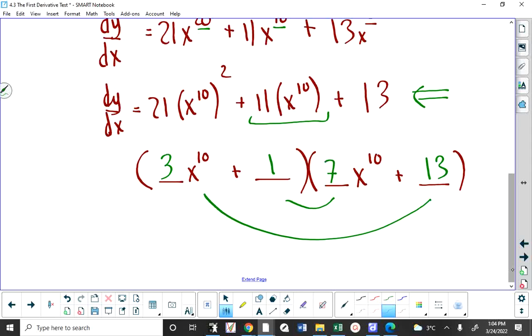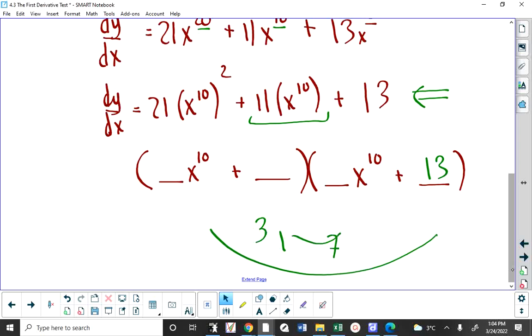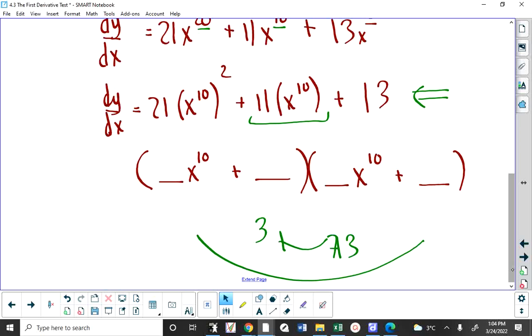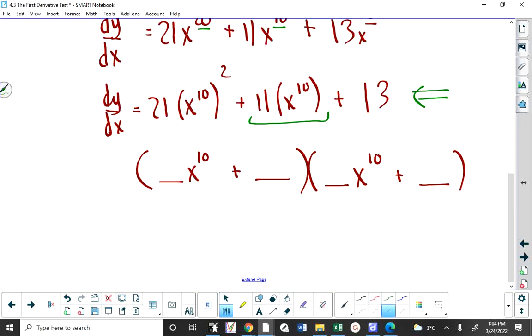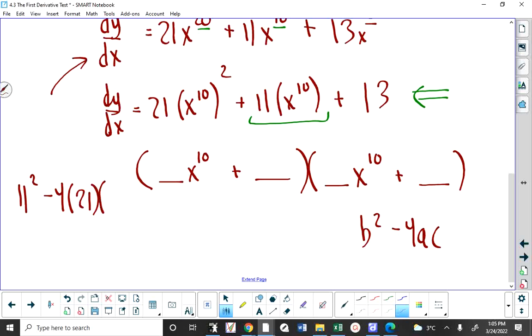So after this big discussion about factoring this, is it factorable? Well, you've been given the tool, and I don't know if anybody has ever shown this to you in any of your previous classes, but the tool that we talk about here and is very useful is b squared minus 4ac. If this is a perfect square, then a quadratic is factorable. So if I calculate b squared minus 4ac here, I have 11 squared minus 4 times 21 times 13.